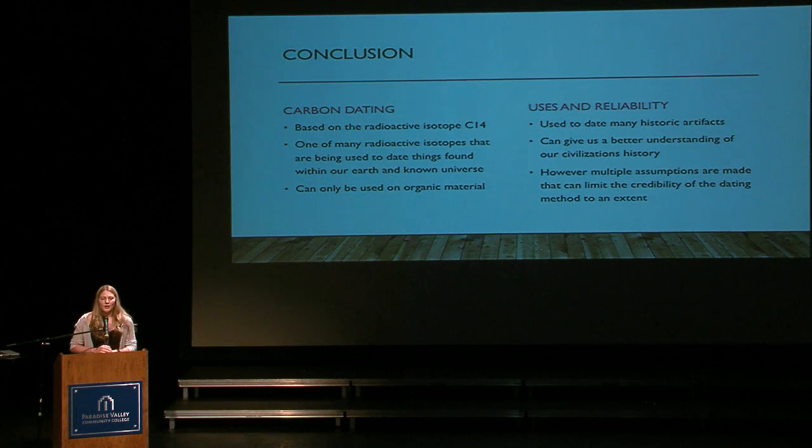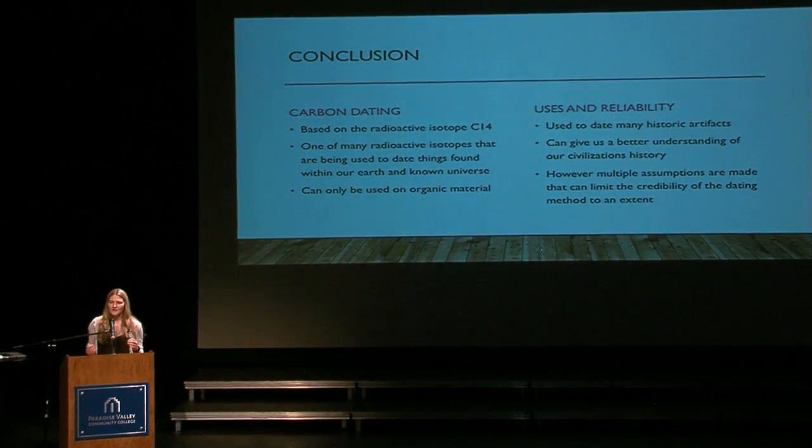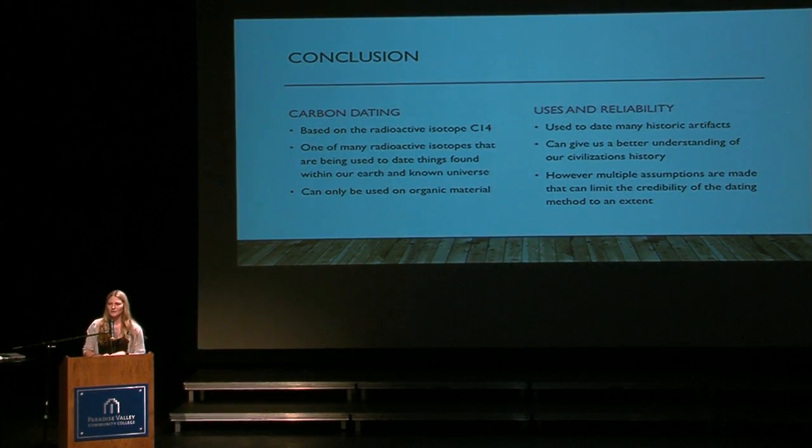In conclusion, carbon dating is a radiometric dating method that uses the isotope carbon-14 to help retrace things back in time. Its uses are really important in the field of archaeology because it allows scientists to actually get a date on things. However, science skeptics do have credible skepticism as far as the assumptions go.